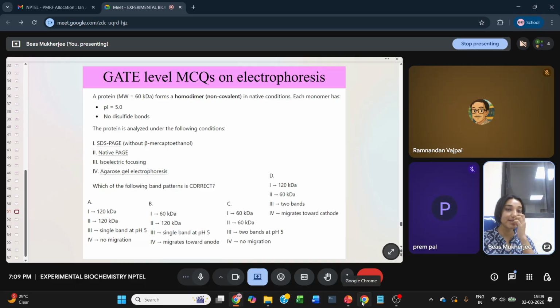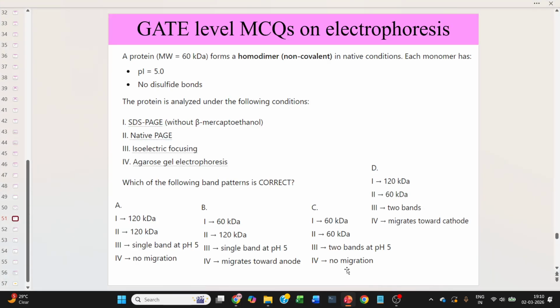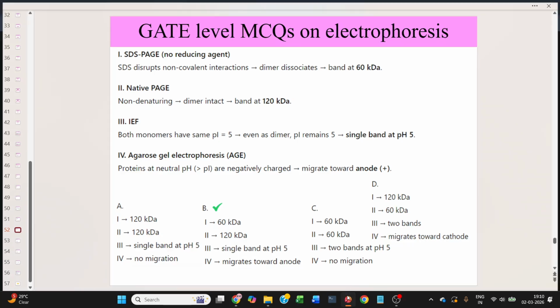So if its pi is 5 and in agarose gel the buffer is normally 8. TE buffer, TBE buffer, the buffer pH is normally 8.2. Yes. That is the right answer. So B is the right answer.